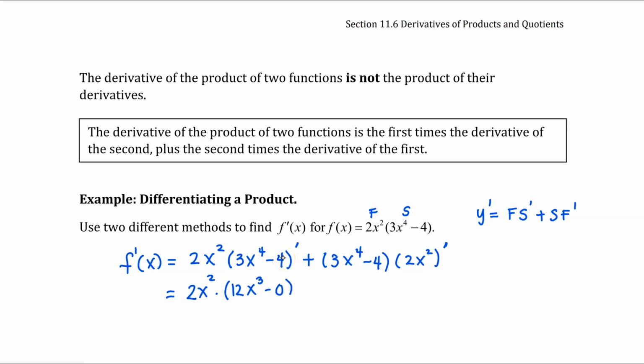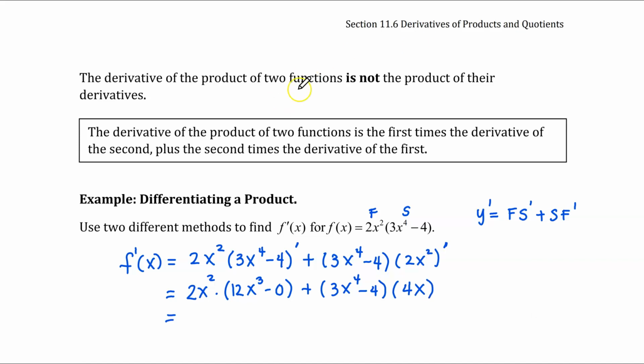Plus, copy this factor, 3x to the fourth minus 4, times the derivative of 2x squared. You multiply the power to the coefficient, so 2 times 2 is 4, copy x, and subtract 1 from the power, so you have x to the 1, or just don't put any exponent.